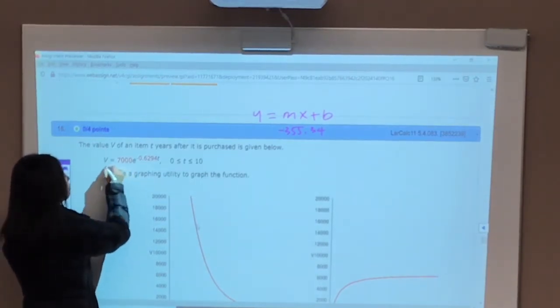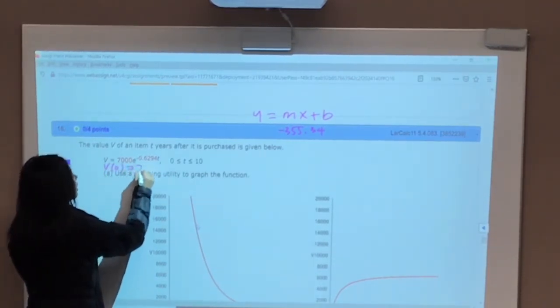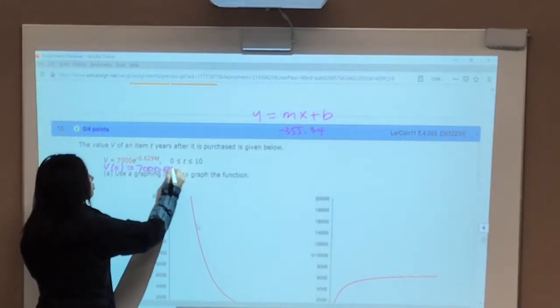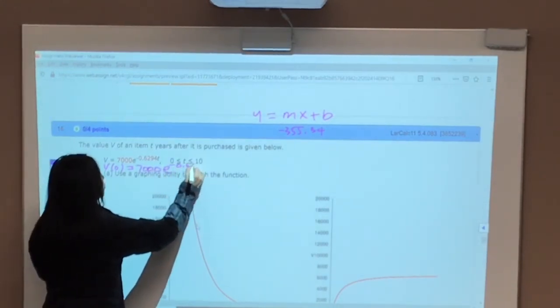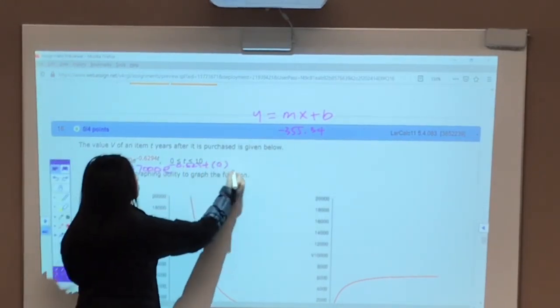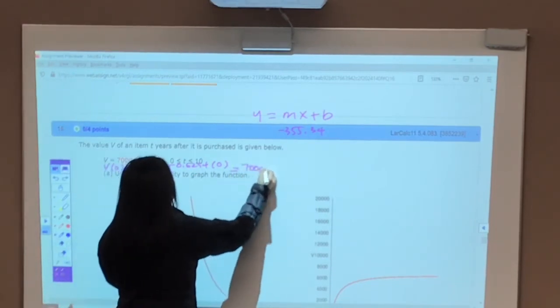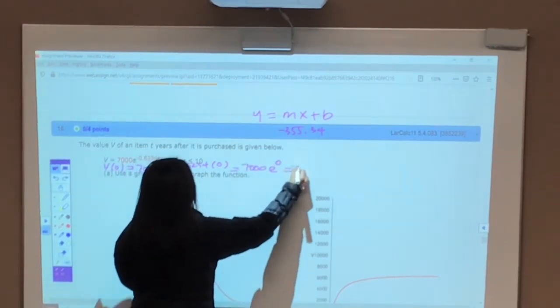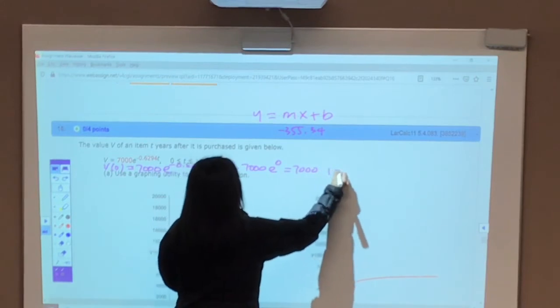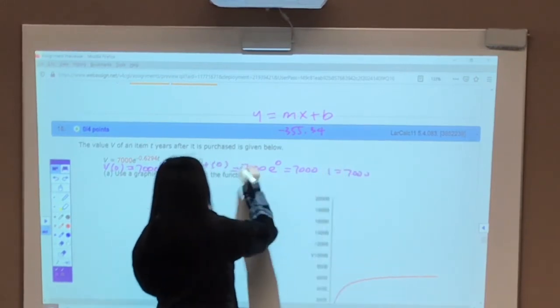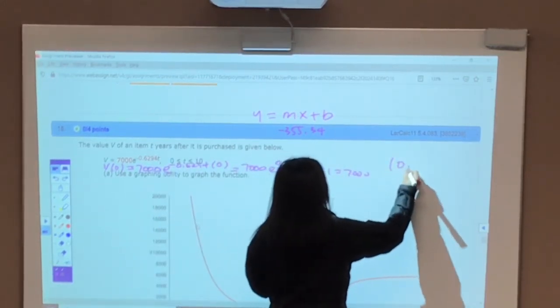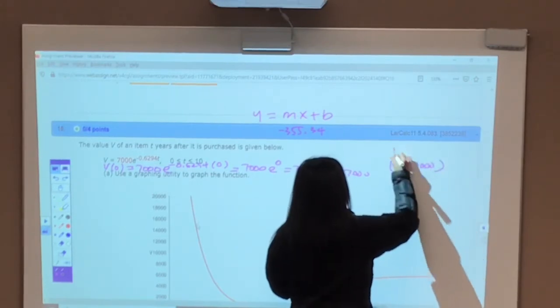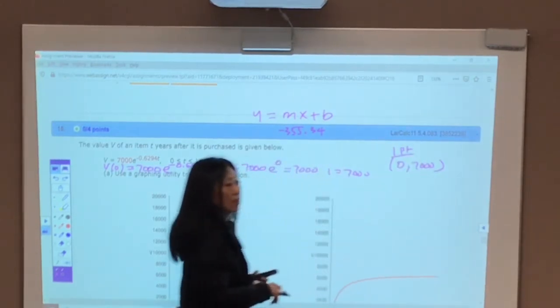So I want to use 1 point to be V of 0, which will give me what? 7,000 e to the negative 0.6294 times 0, which will give you what? 7,000 e to the 0, which is what? 7,000 times 1, which is just 7,000. So my 1 point is 7,000. That's the 1 point that I need.